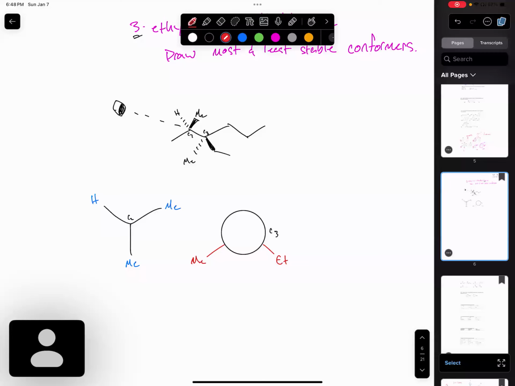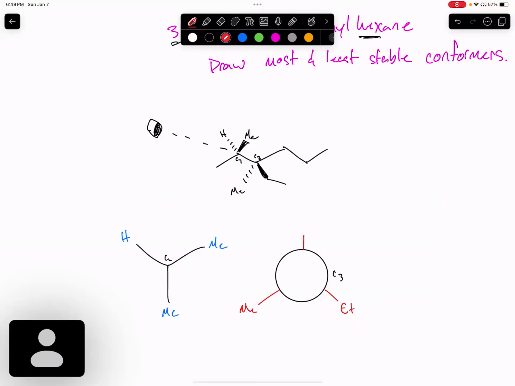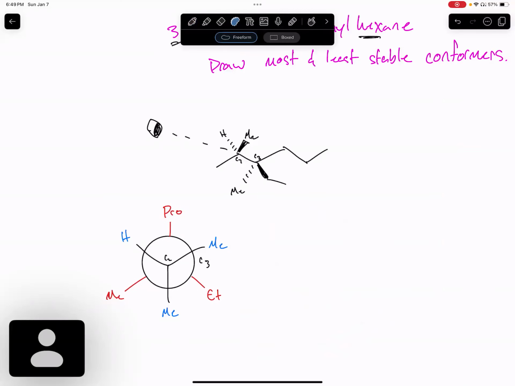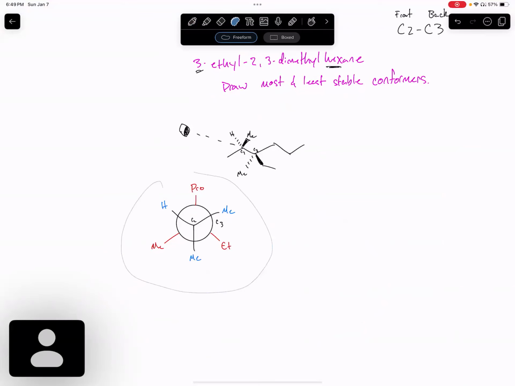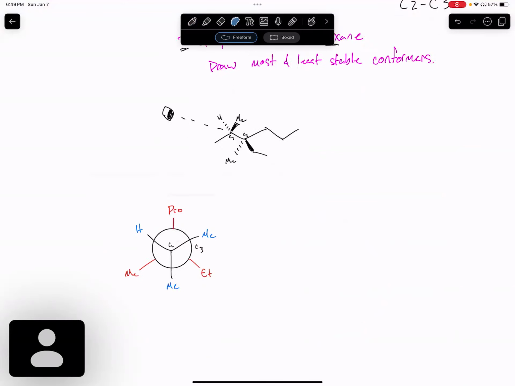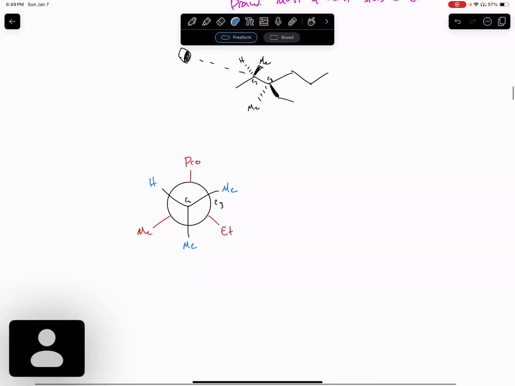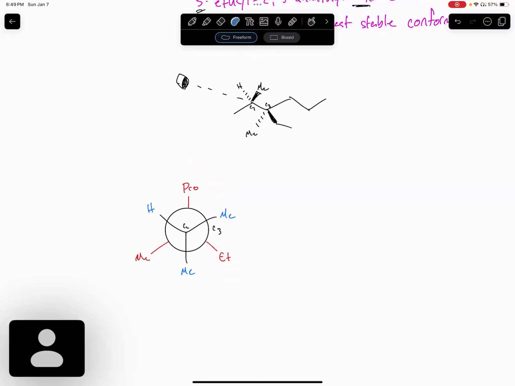And what's pointing up? Propyl. Whoever said propyl is correct. Propyl. Okay. Now, easy. Now I could just put these like this. Does that make sense to everybody? How I got that? Yes? Yeah. Okay, cool.